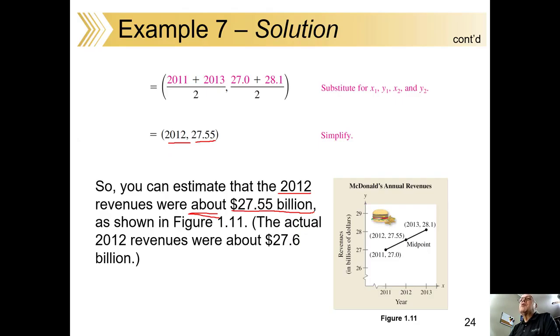The actual revenues were probably a little bit above it or a little bit below it. Excuse me. We've got a good estimate anyway. Sometimes all we need is an estimate.